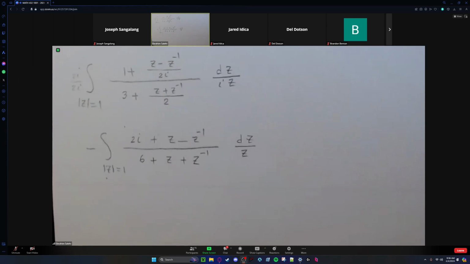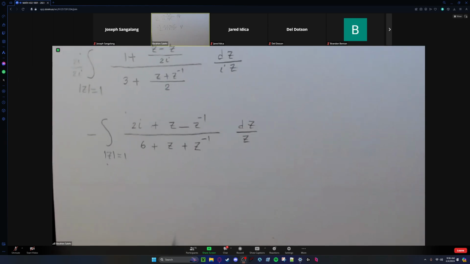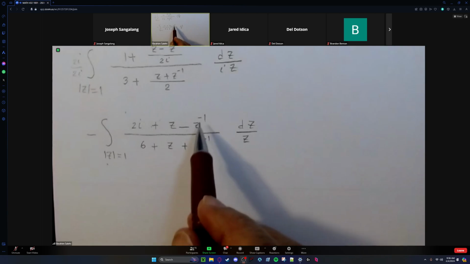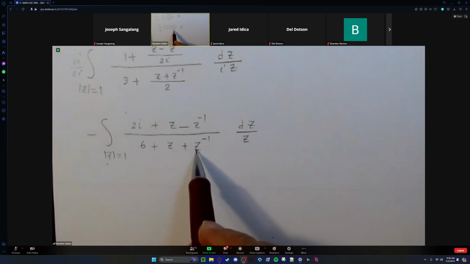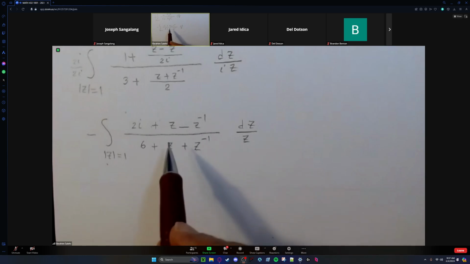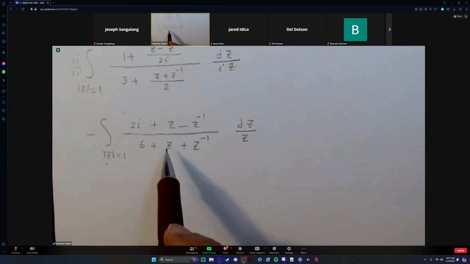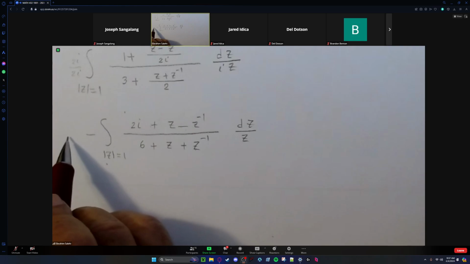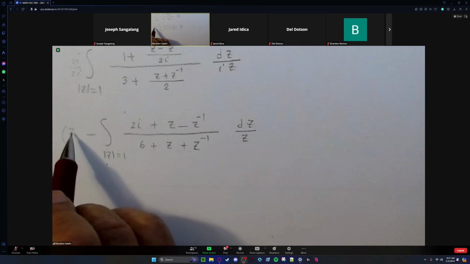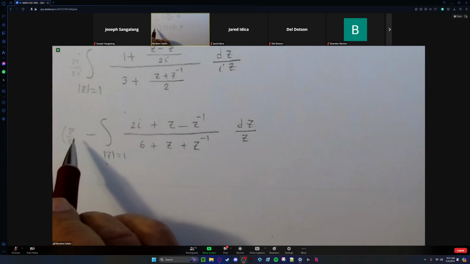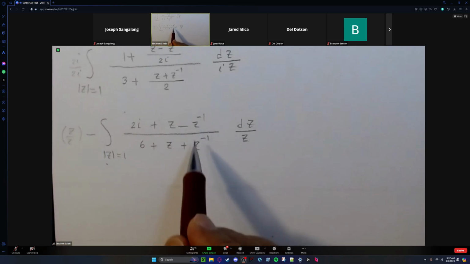Next thing you want to do is get rid of this z to the negative ones. So you multiply by z and divide by z. So this is what I'm going to do to get rid of this.